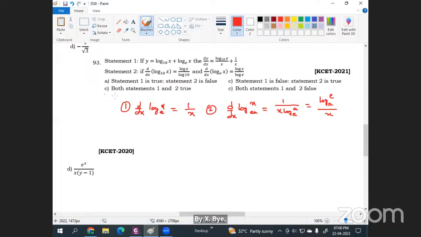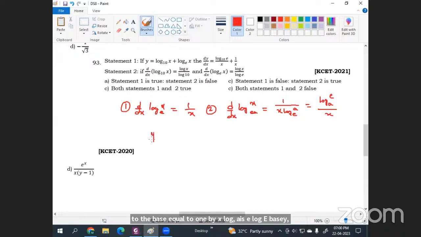So, you will get it as dy by dx of log x base e equal to 1 by x. And the second one is dy by dx of log x to the base a equal to 1 by x log a base e, or you can write it as log e base a by x.